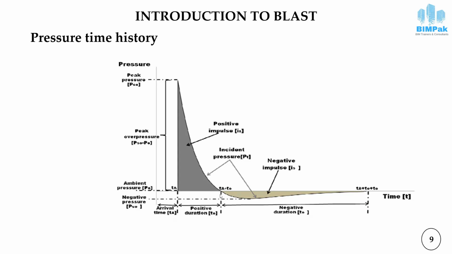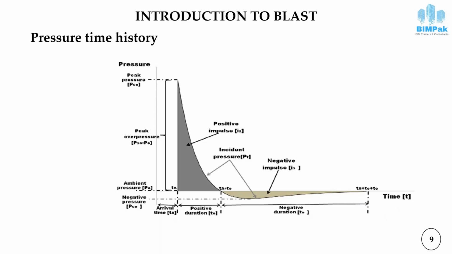And after a time lapse of TA plus T naught, where T naught is the total duration of the positive phase of the shock wave, the pressure is again reduced to ambient pressure. And then due to this blast, a vacuum is created in the vicinity of the explosion.